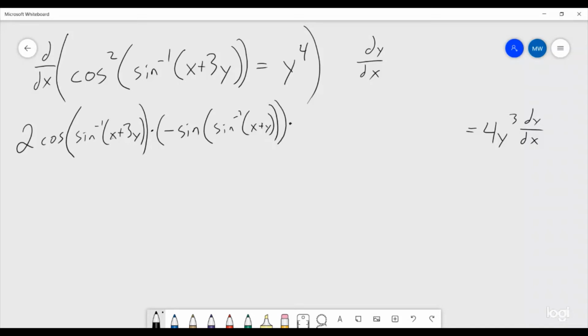If we don't know what the derivative of inverse sine of x plus y is, we are going to have to figure that out. So we want to figure out what the derivative of inverse sine is going to be.